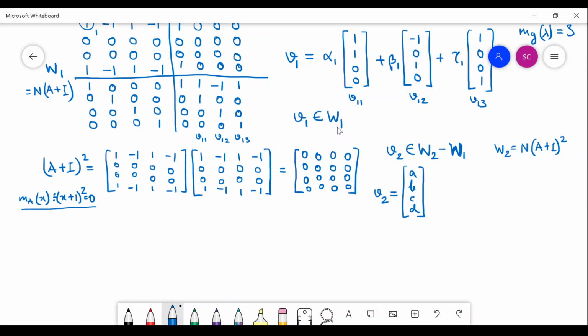So we have to see what type of vectors belong to W1. For that, these basis vectors of W1 come to our help. So looking at these basis vectors, we have an idea that we can simply select. We are trying to select v2 as simply as possible, not trying to complicate things for ourselves.